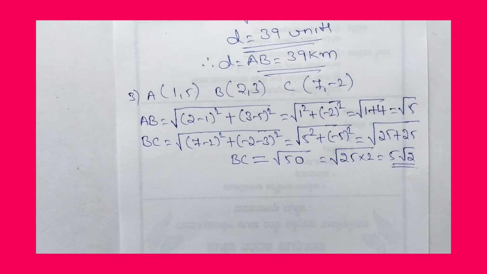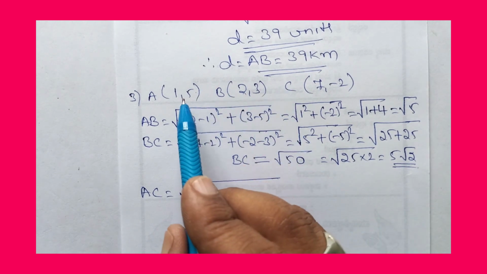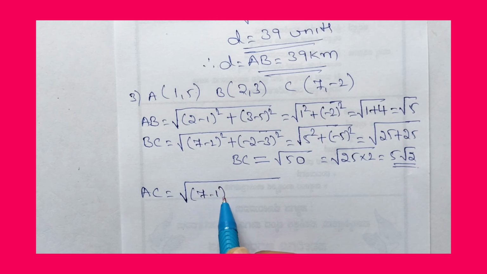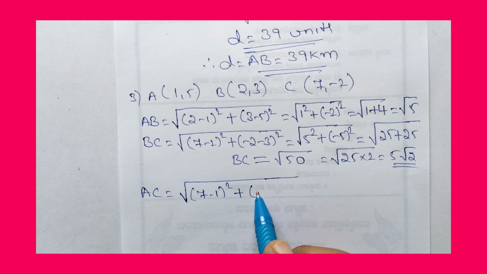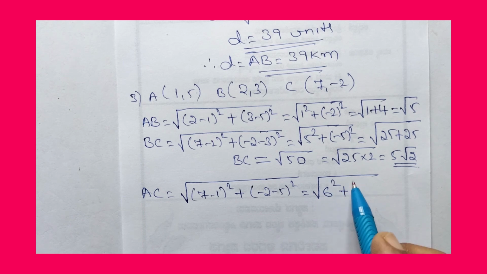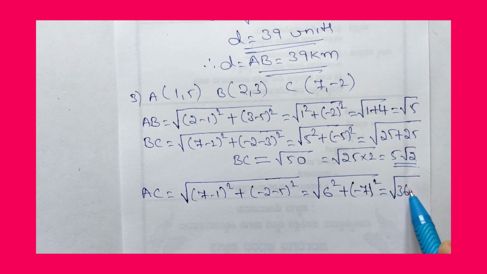Now let us find the distance between A and C. So A and C, taking 7 minus 1 whole square plus minus 2 minus 5 whole square, that is equal to square root of 6 square plus minus 7 whole square. 6 6s are 36, 7 7s are 49.